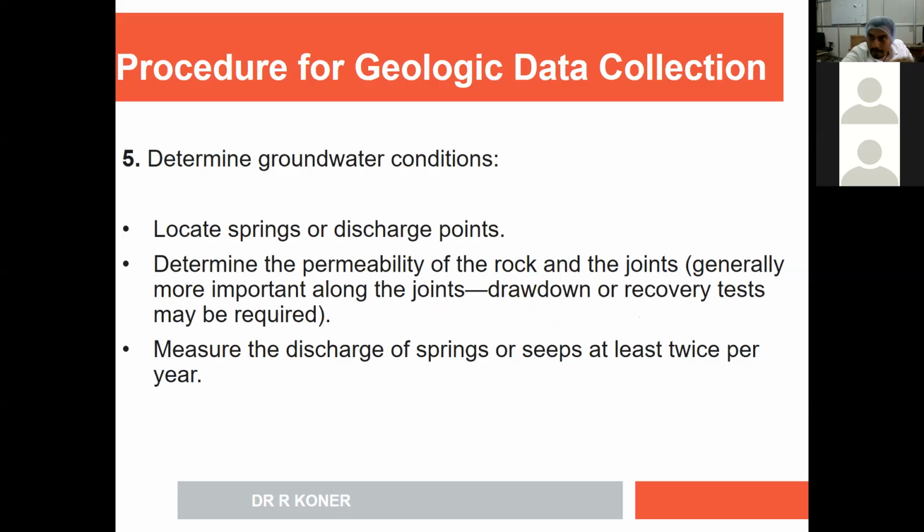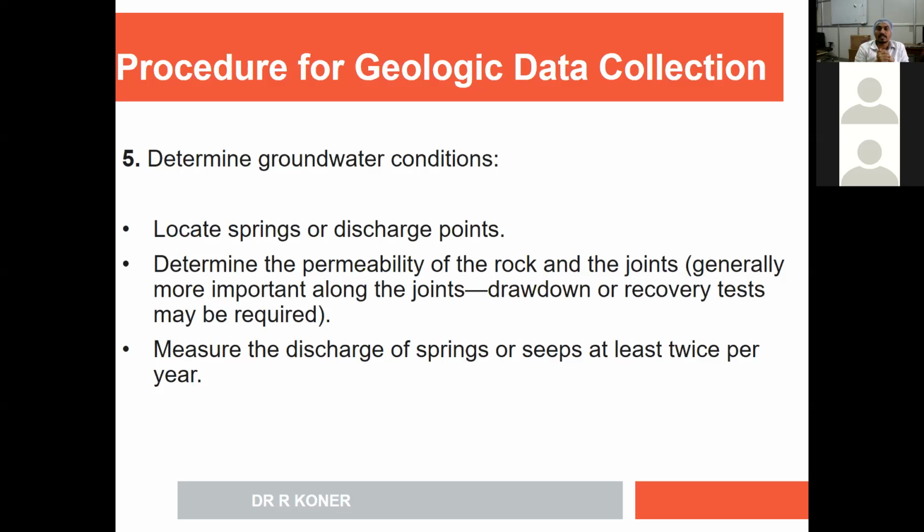Now, in the later part, you have to determine the groundwater condition. One of the easiest ways to determine the groundwater condition is to determine the discharge amount per day. If the discharge amount is more, you have to measure the amount of discharge on an hourly basis.